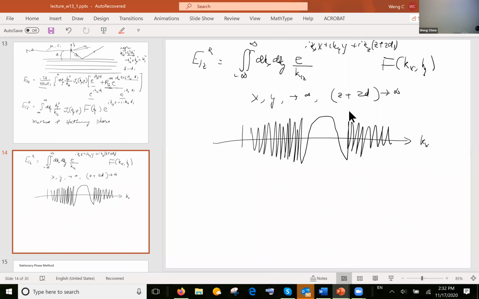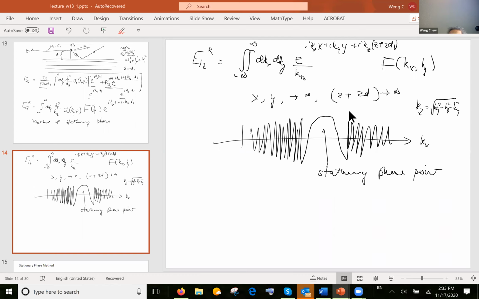When x is very large, the integrand is going to oscillate like that, and because kx is also buried in kz, where kz is k1 squared minus kx squared minus ky squared, there will be some value of kx where the phase is stationary. This point is the stationary phase point. You can see from this picture that most of the contributions to the integration will come from around the stationary phase point.